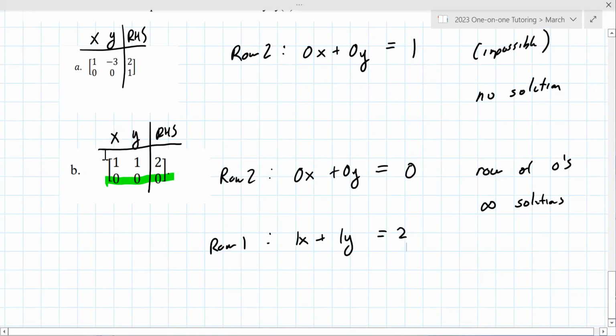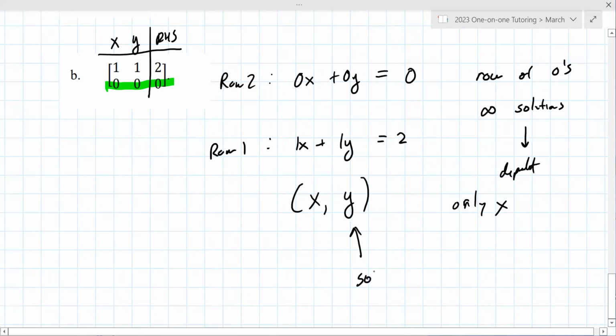Is it clear how I'm getting that from this table? Great. Now, the problem says if the system is dependent, so infinite solutions means it's dependent, express your answer as an ordered pair in terms of X. Normally your answer is X comma Y, but they're saying only X. So for Y, you have to solve for Y in this equation.